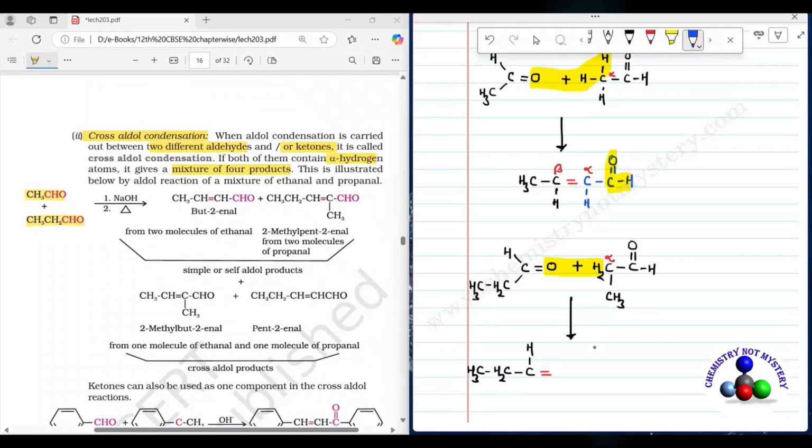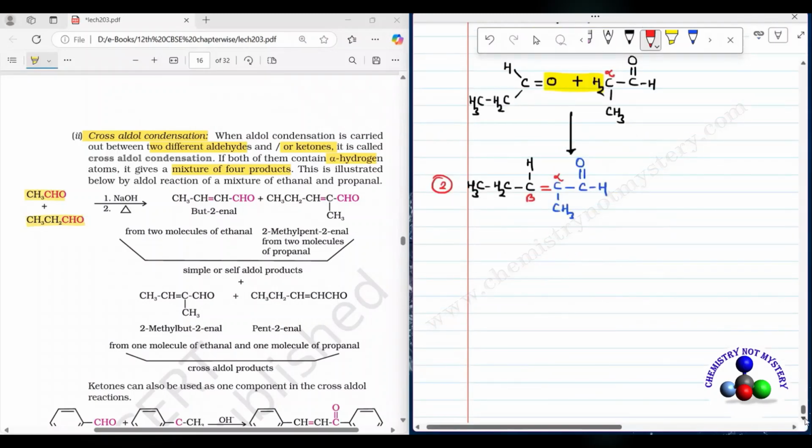Now write down the rest of the structure. C, it is bonded with CH3 and here it is C double bond OH. So this is the alpha carbon and this is the beta carbon. So that's how you will get the aldol condensation product of self condensation of propanal, which is an alpha beta unsaturated aldehyde. So this is the first product, this is the second product.